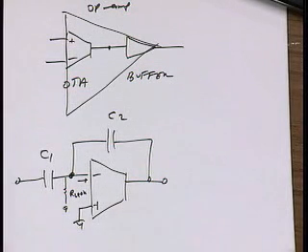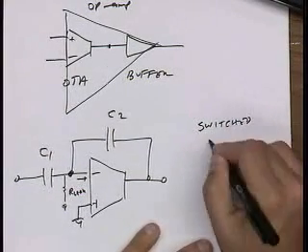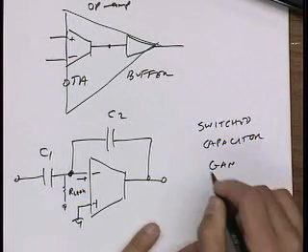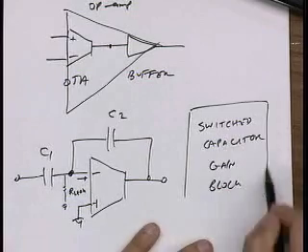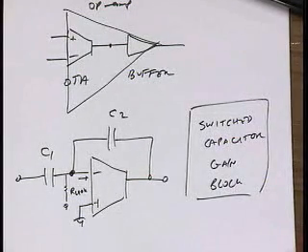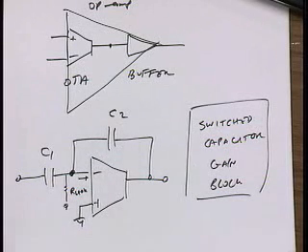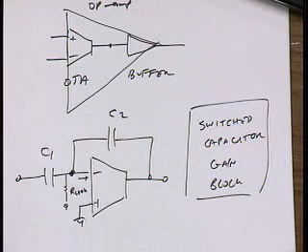So it's really going to be a switched capacitor circuit. So we would say that this is a switched capacitor gain block. The other nice thing about using switched capacitor operation is that in a typical CMOS process, capacitor ratios are very well defined, right?